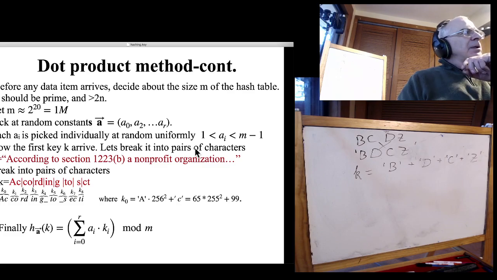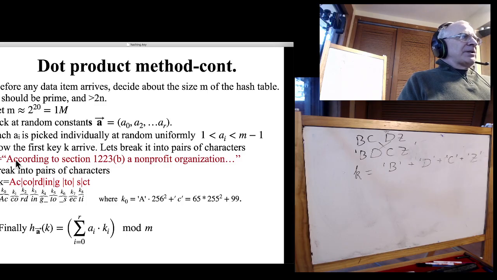If that's my key, then I can break it into characters, but for efficiency, I can actually pick pairs of ASCII characters. So my first character will consist of the letters A and C. My next character will be C and O. My next character will be R and D, that is, according, now G and blank.